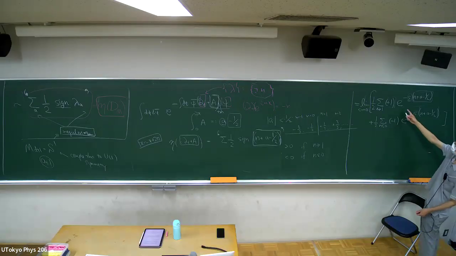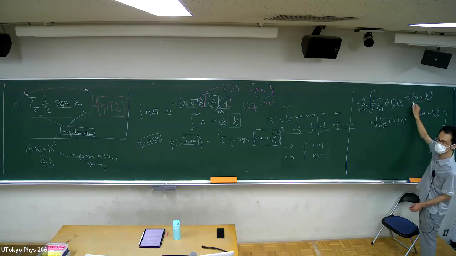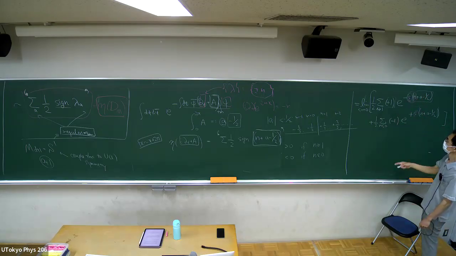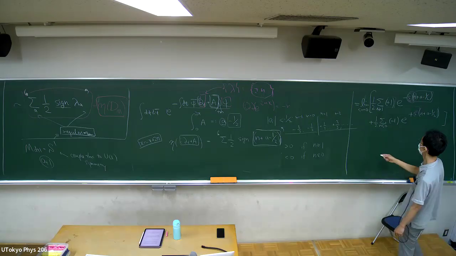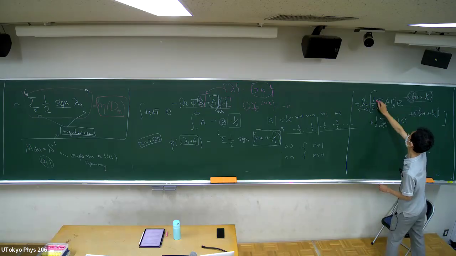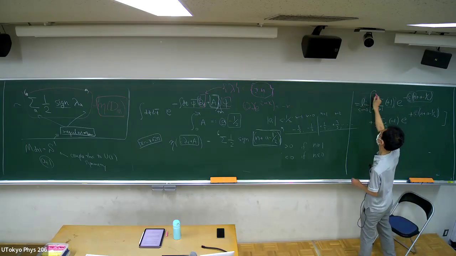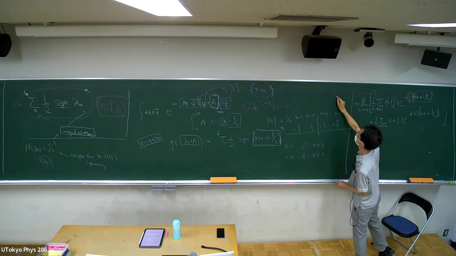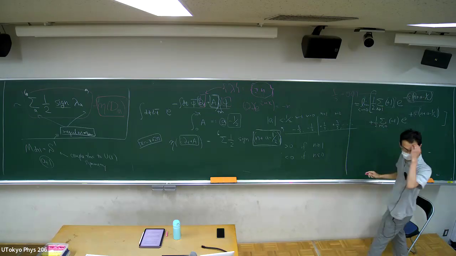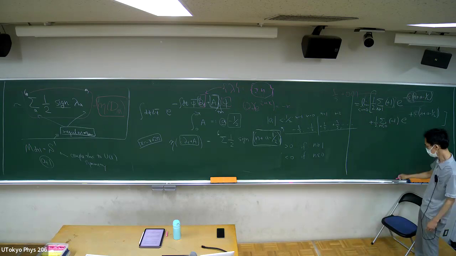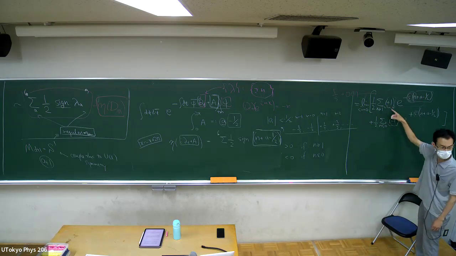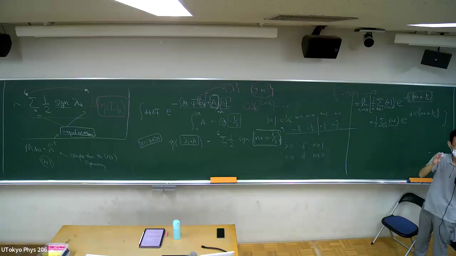So you easily see that this is just a geometric sum. You can sum it. It's very easy to do the computation, and you easily see that each term behaves like 1 over s plus some constant. And the leading divergence cancels thanks to the fact that the signs are opposite and the density of the eigenvalues are the same.